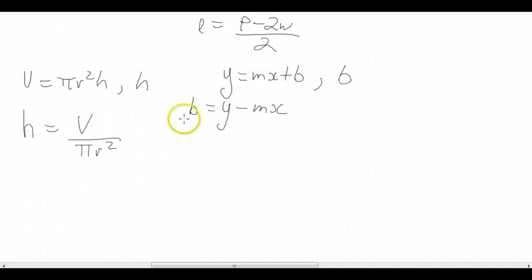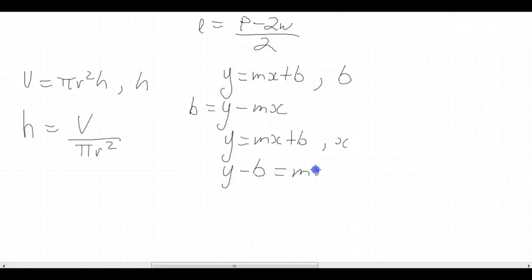Let's solve for x. So y equals mx plus b, solve for x. So we look at x. Again, think order of operations. It's multiplied by m, and then b is added, and we need to reverse order, so we're going to subtract b. So y minus b is equal to mx.